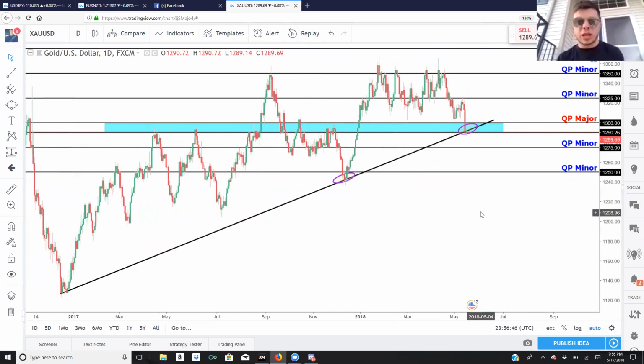We'll draw up our trend line right after that. So I actually marked up this quarter point, major and minors. This one's a little trickier than others, but you just have to realize that it takes a lot less to get 1,000 pips on gold than it does for another major currency pair.